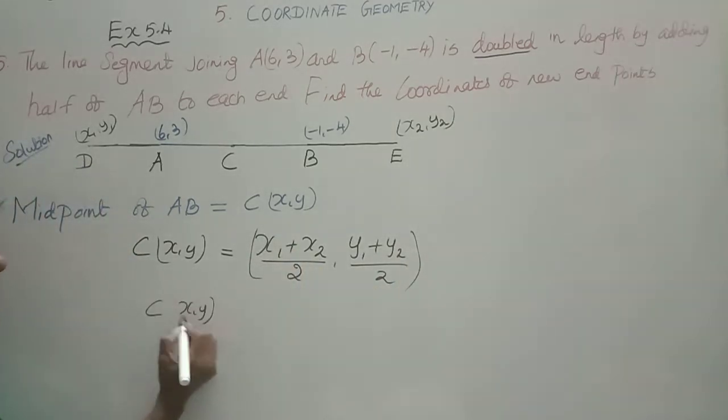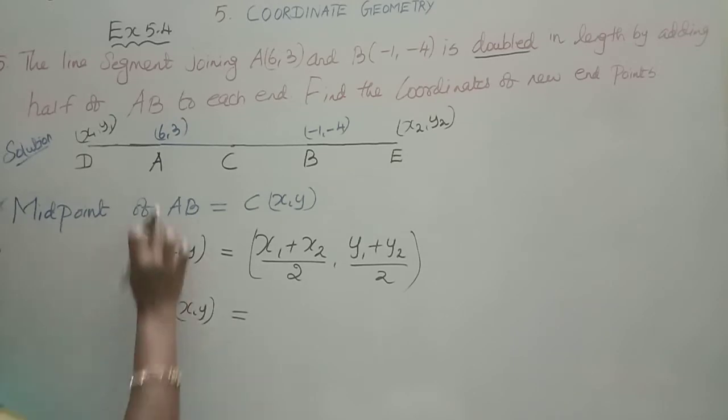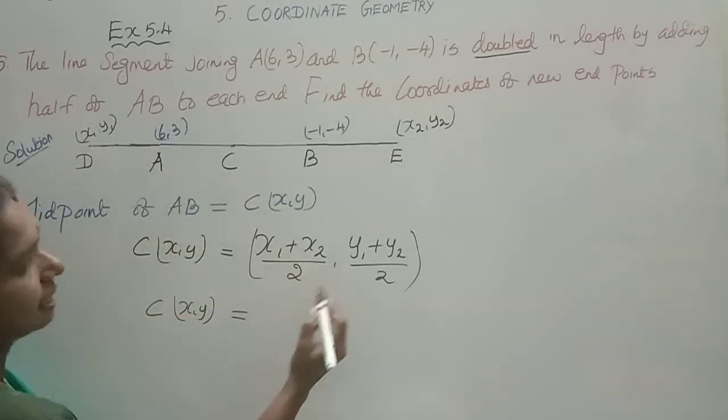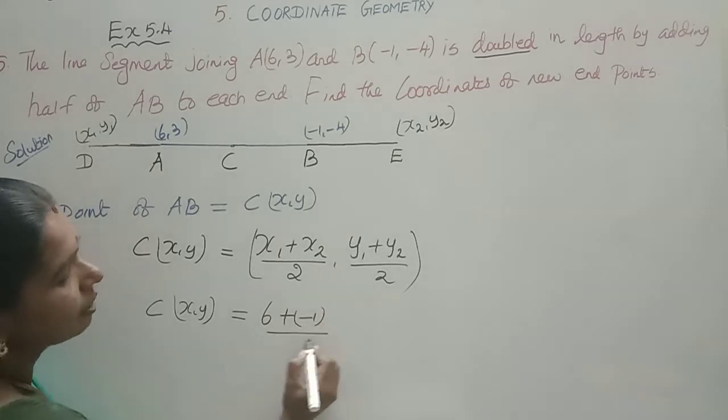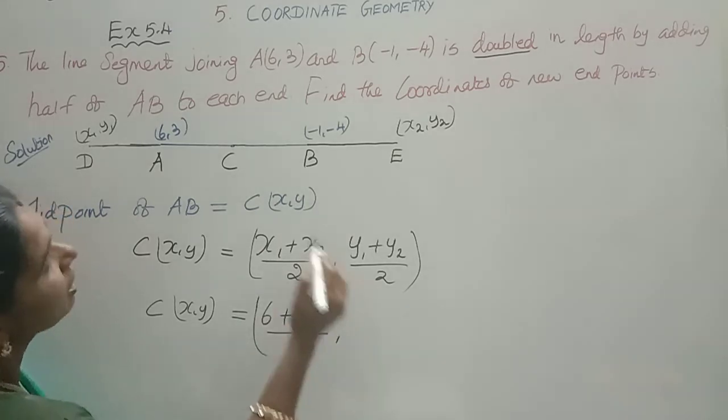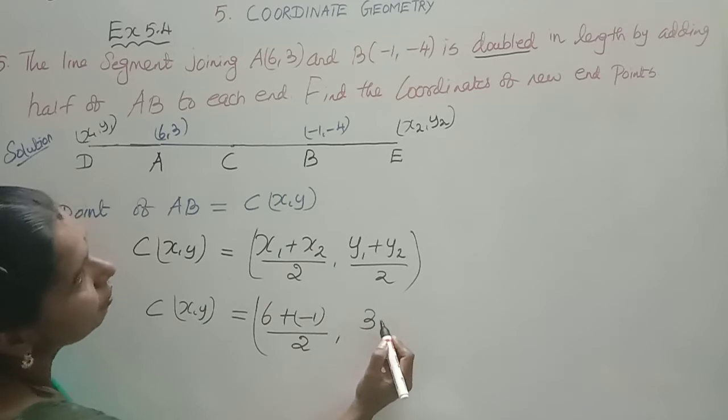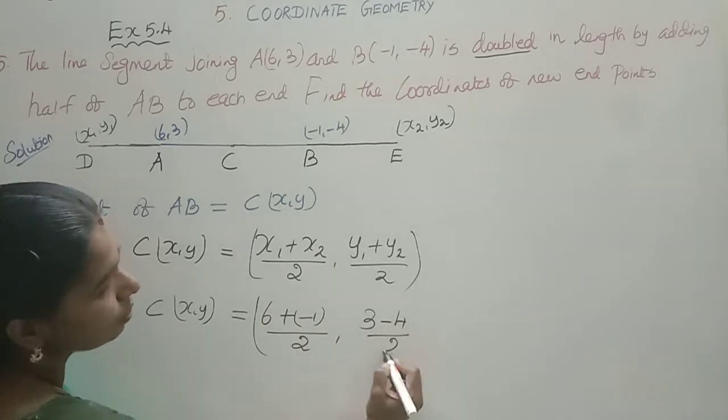C of x comma y is equal to, what is x1? Here x1 is 6. 6 plus x2, minus 1, by 2, comma. And what is y1? 3. And y2, minus 4, by 2.